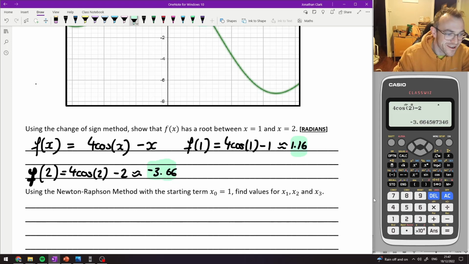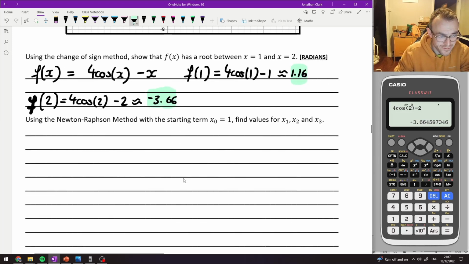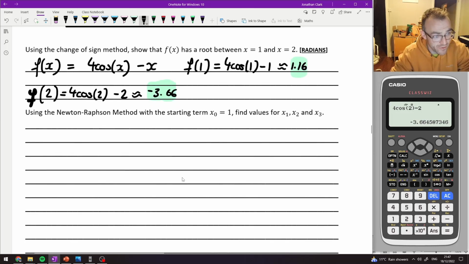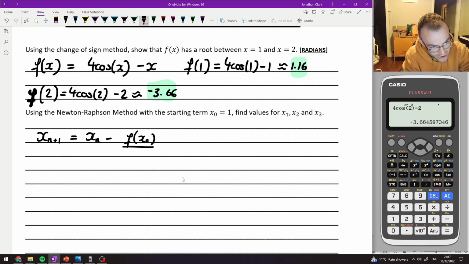So we're going to go ahead and use the Newton-Raphson method. Let's jot down the formula for Newton-Raphson generally. To get the next term in the sequence, we take the term before and we subtract the fraction with the original function on top and the differentiated function on the bottom. So we are using 1 as our starting term.